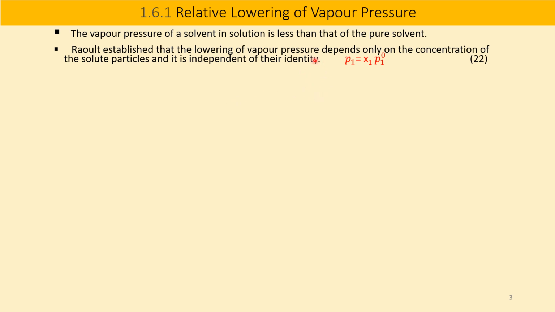So this statement can be written as P1 = X1 P1 naught. Let it be equation 22. In this equation, P1 is the vapor pressure of the solvent in the solution, X1 is the mole fraction, and P1 naught is the vapor pressure of pure solvent.